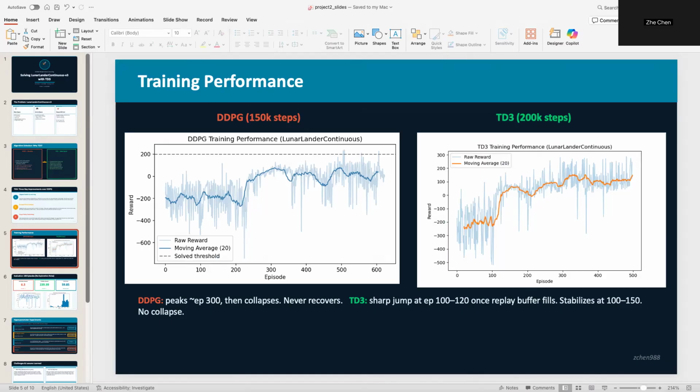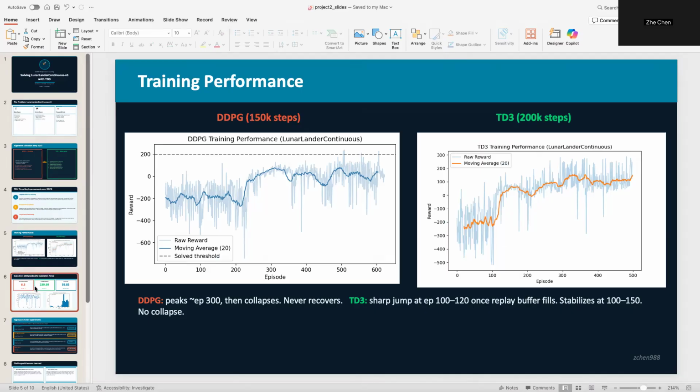In contrast, TD3 shows much more stable learning. After about 100 to 200 episodes, the rewards increase sharply once the replay buffer has enough experience. The rewards then stabilize around 100 to 150, and the policy does not collapse. This is the key advantage of TD3.